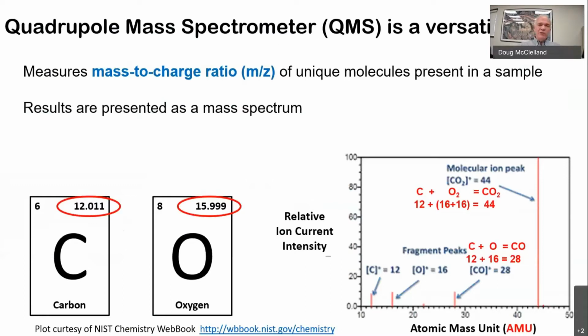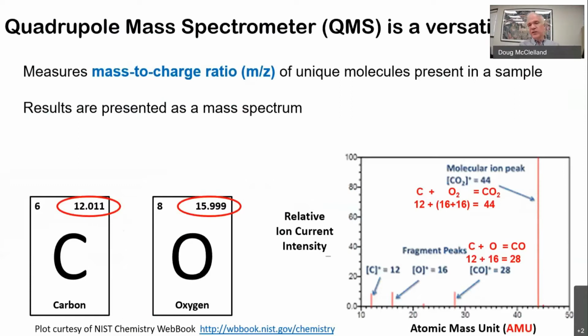So the Quadrupole Mass Spec scans from the lowest mass to the highest mass. It does this incredibly quickly, but each one is measured individually, and the ion current is measured for each mass. And so the stronger that ion current, the higher that signal, the more of that particular element is present in your gas sample. Likewise, the lower that ion current, the less of that particular element is present in your gas sample.